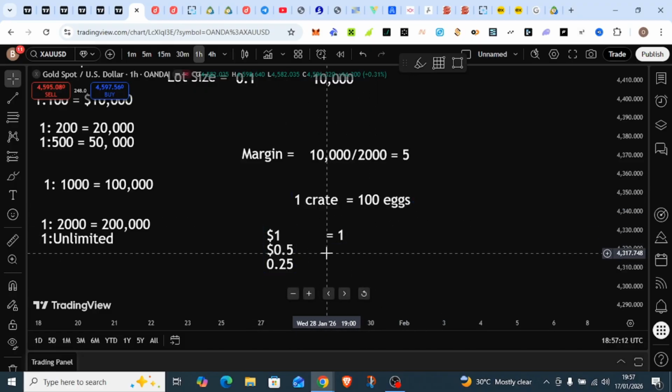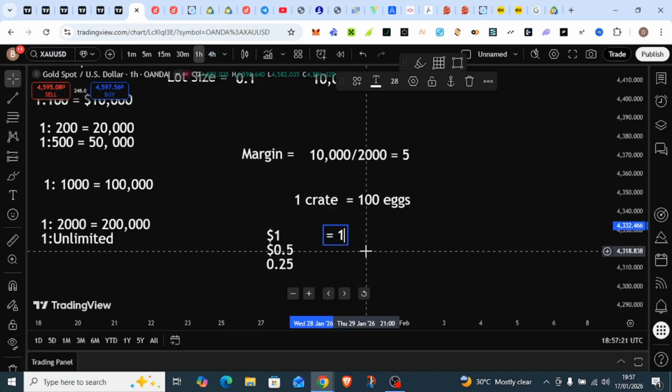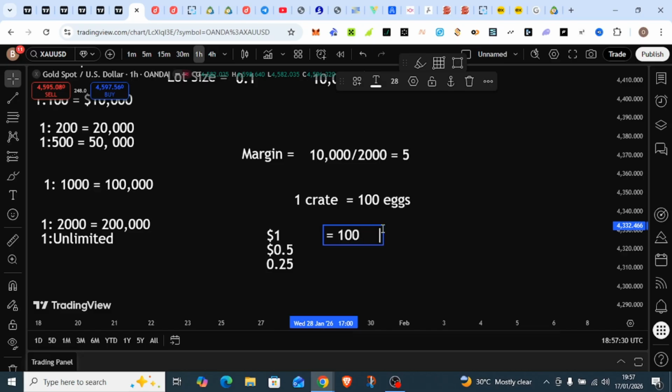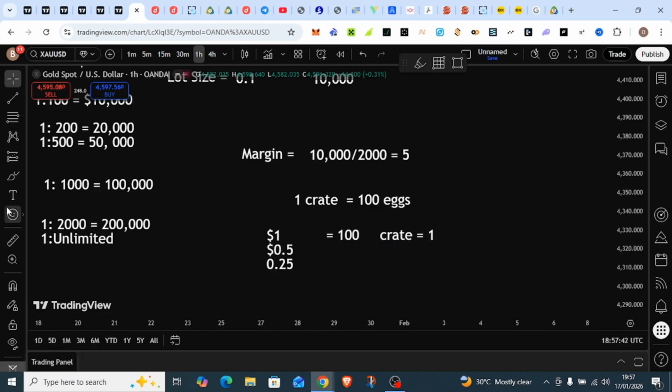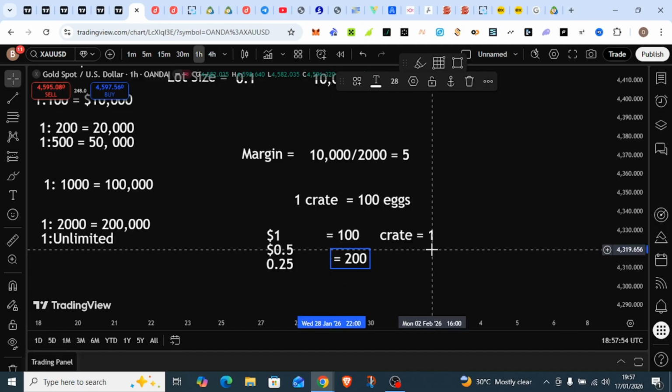The number of eggs is 100, and crates equal to 1 too. Then, if the buyer buys at $0.5 per egg, the buyer will have 200 eggs in quantity, and the crates will be 2.